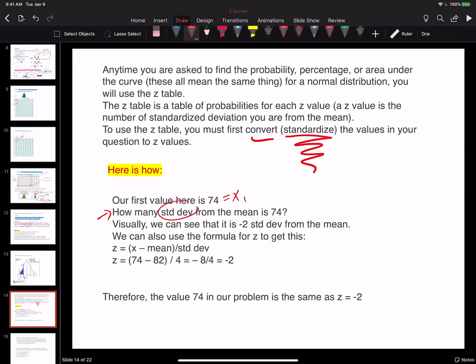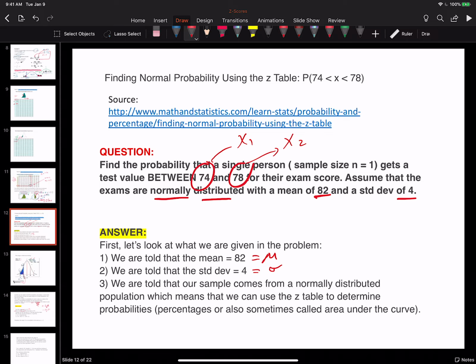Let's take a look. Z equals x minus mu over sigma. Well, we have 74, and mu was given to me as 82 and sigma is 4 from the page before.